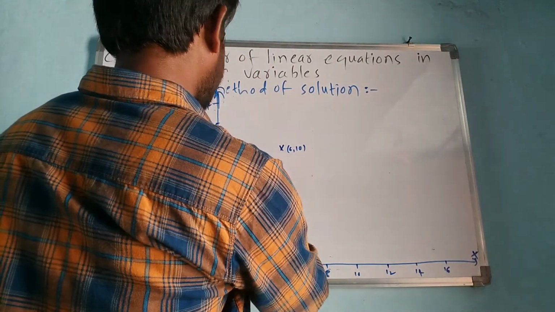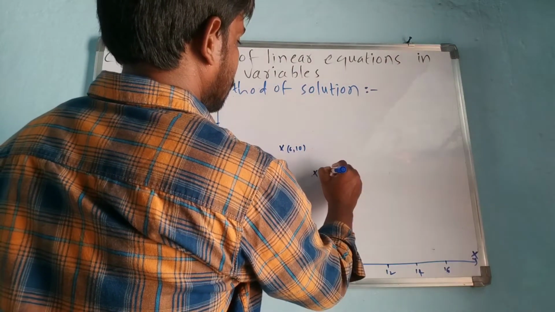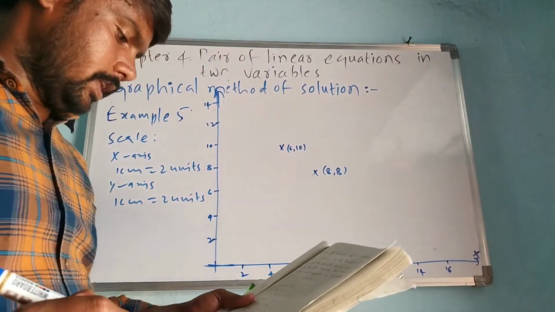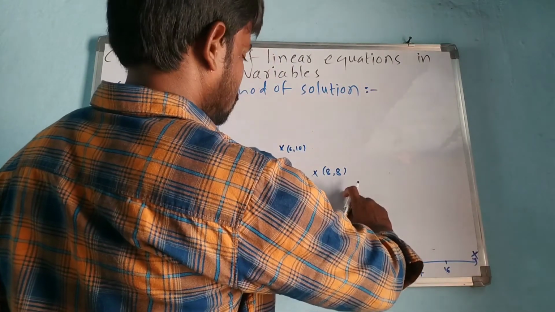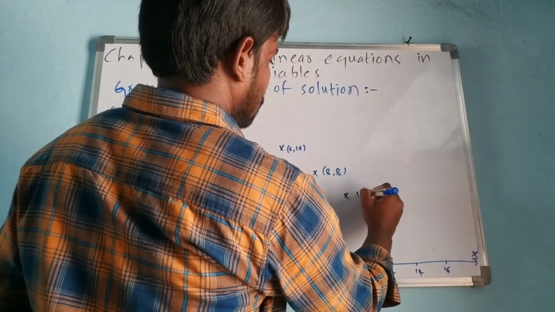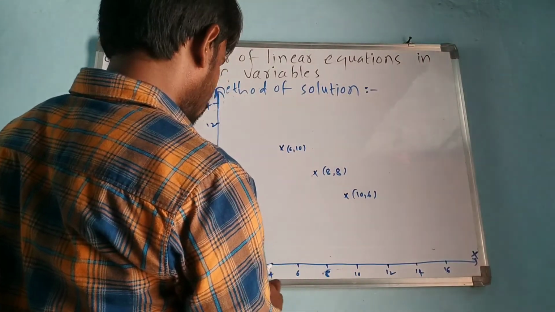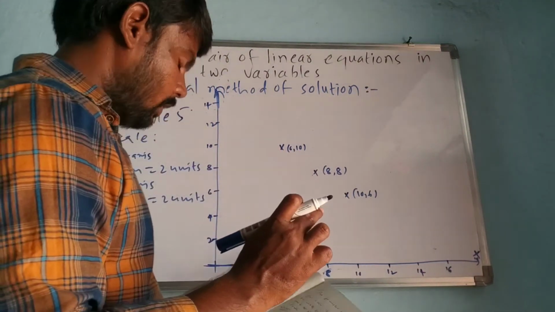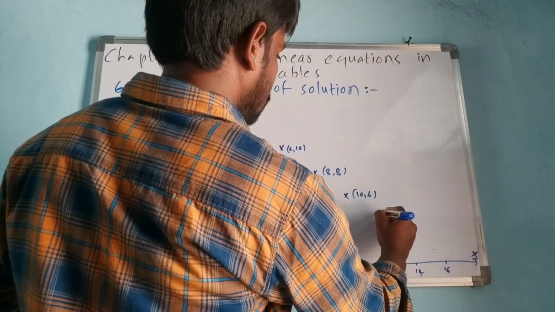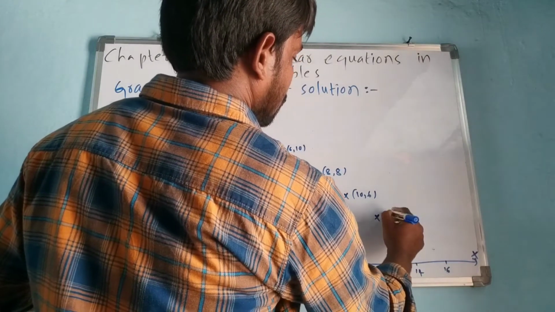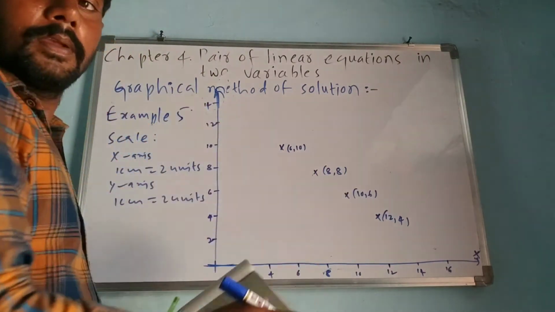And then 10 comma 6 is here. And then one more point is 2 comma 4, 12 comma 4. 12 comma 4 is here. And then by joining the points we get the straight line.